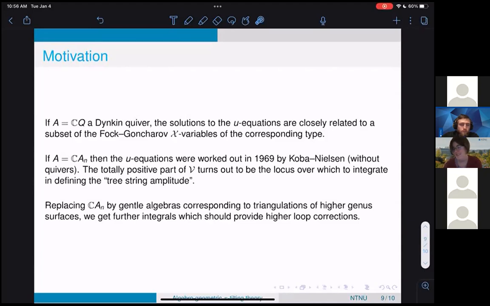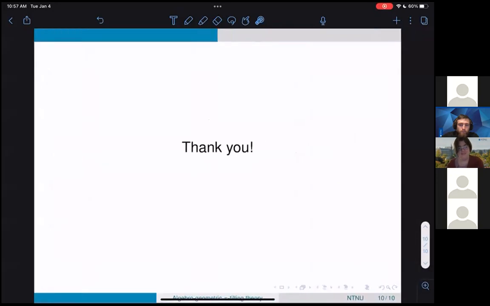So replacing A_n by other gentle algebras that correspond to triangulations of other surfaces, you can use that to define other integrals, which will provide higher loop corrections. So this is something that the physicists were really motivated by, and that is where this project starts. Anyway, I'm out of time, so I should stop.